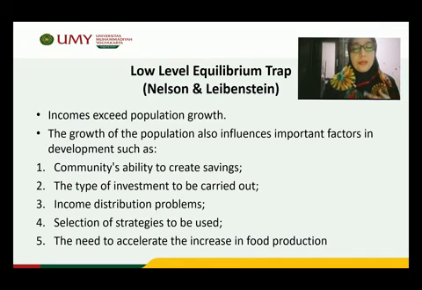The third is income distribution problems; there are problems in income distribution, so not equal income. The fourth is the selection of strategy to be used. And the last is the need to accelerate the increase in food production.